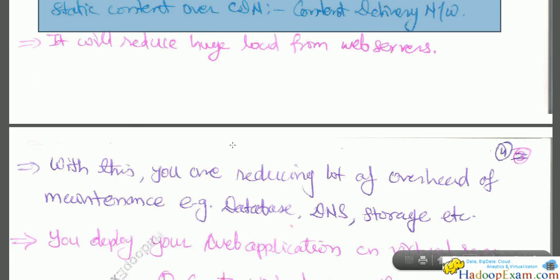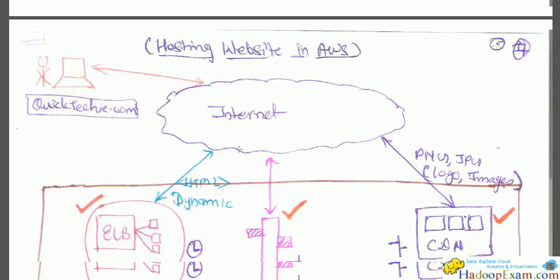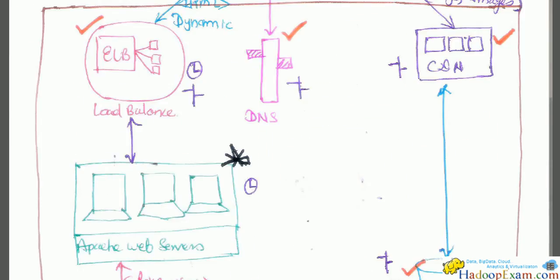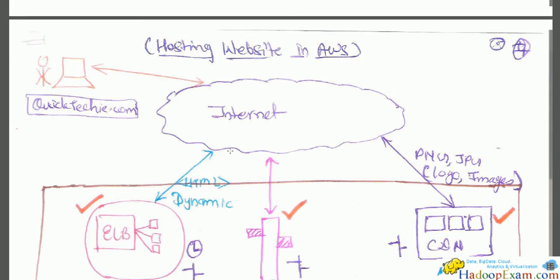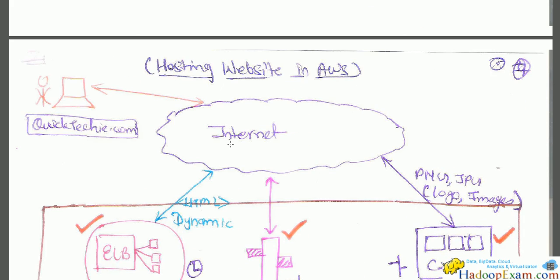Let's see the image. I have drawn this diagram for this. I have given you the bigger picture here of what services can be used in such cases. Say a user is accessing quicktechie.com, and this is the internet from which he is connected.